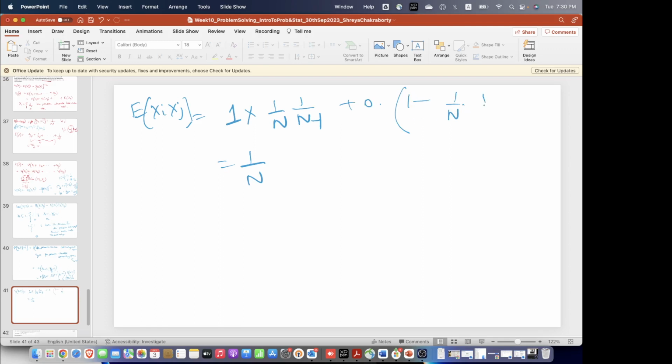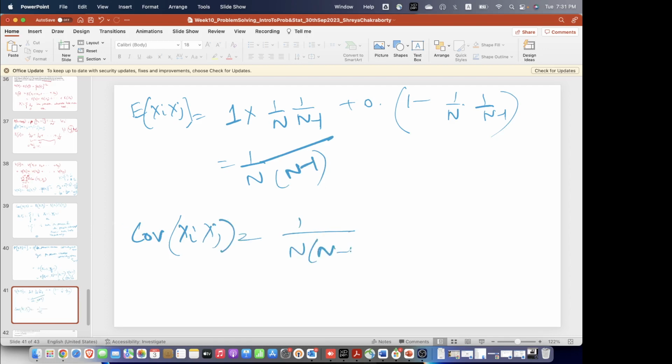Okay, so which is equal to 1 by n into n minus 1. So once we have it, then covariance of xi xj would be 1 by n into n minus 1 minus expectation of xi, which is 1 by n, times expectation of xj, which is also 1 by n. So here we would have something like this.